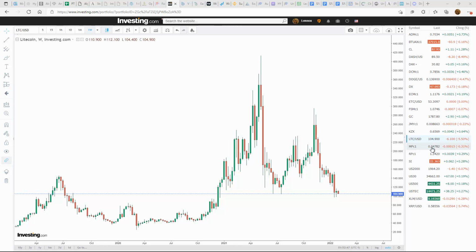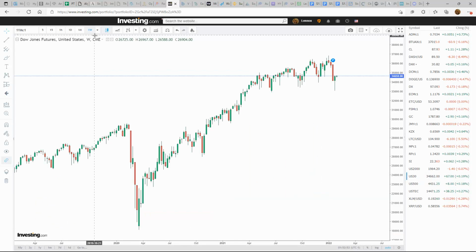Let's take a look at the Dow US 30. So quite the run on the Dow, and again, as I was saying from last week, I was looking for further weakness, and it's looking like that's what's setting up going into this week.